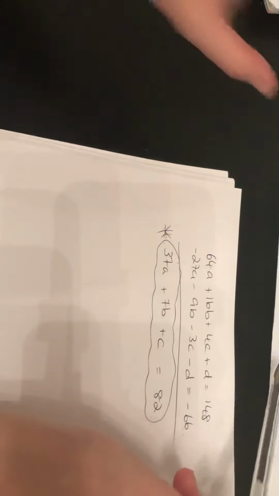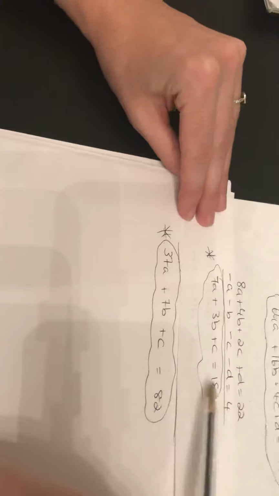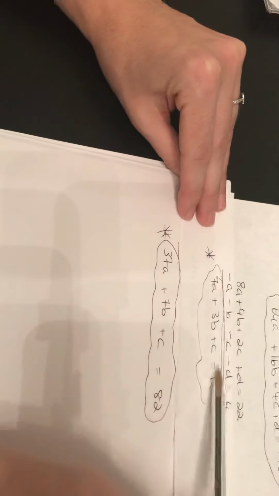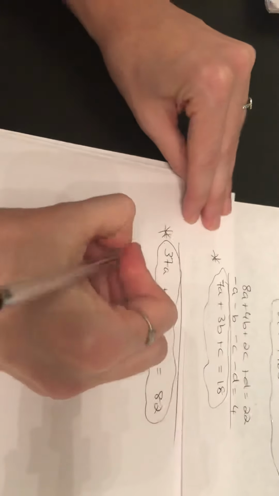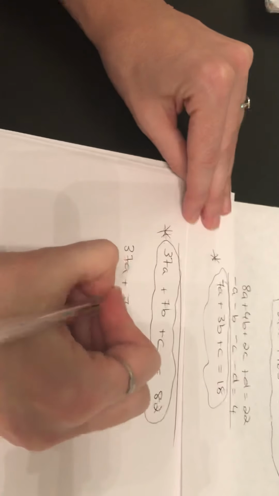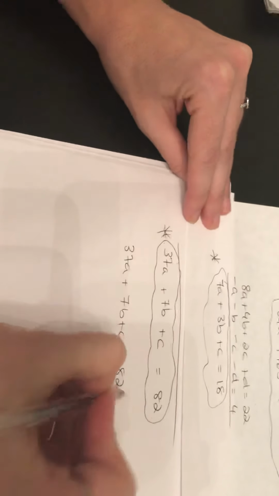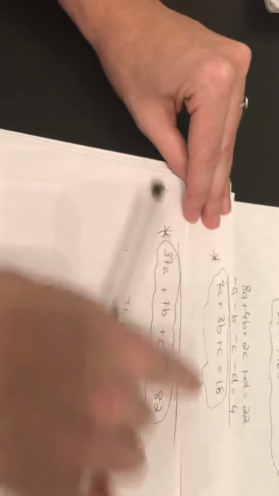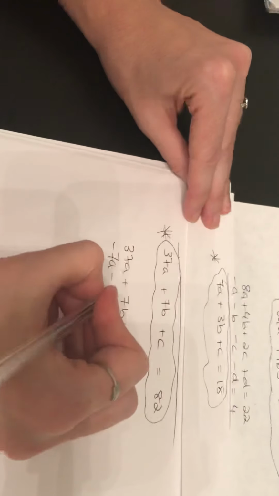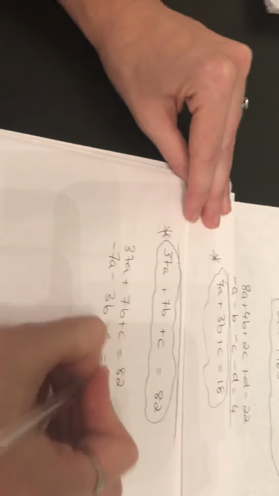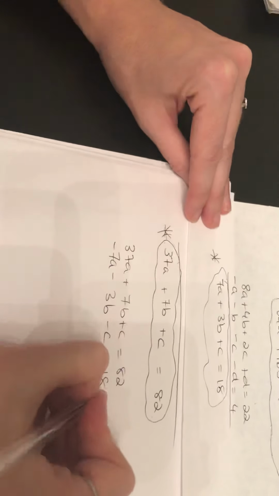And I'm going to just take these two now, that I've just found. I'm going to multiply this one by minus 1, leave this one as it is, so that's 37a plus 7b plus c equals 82, and minus 7a minus 3b minus c equals minus 18.